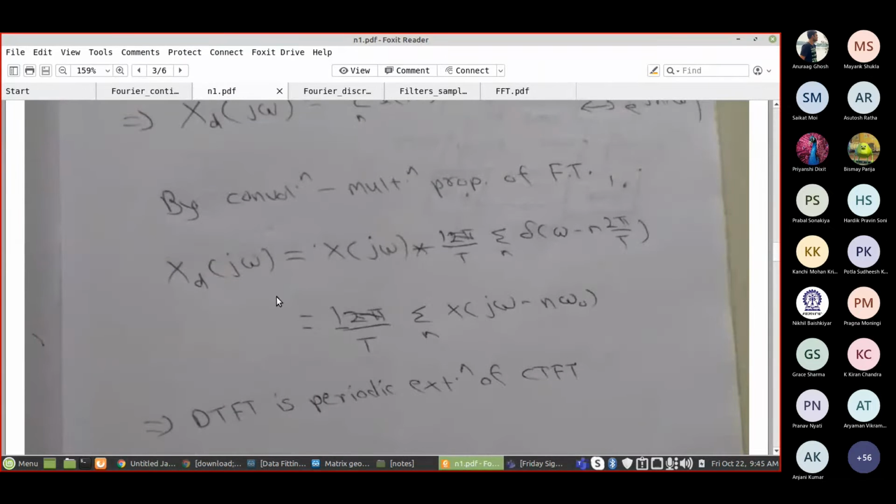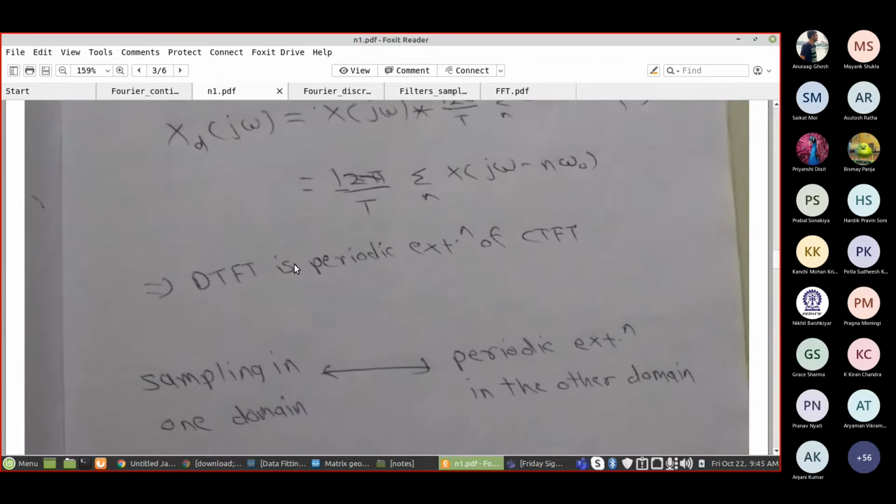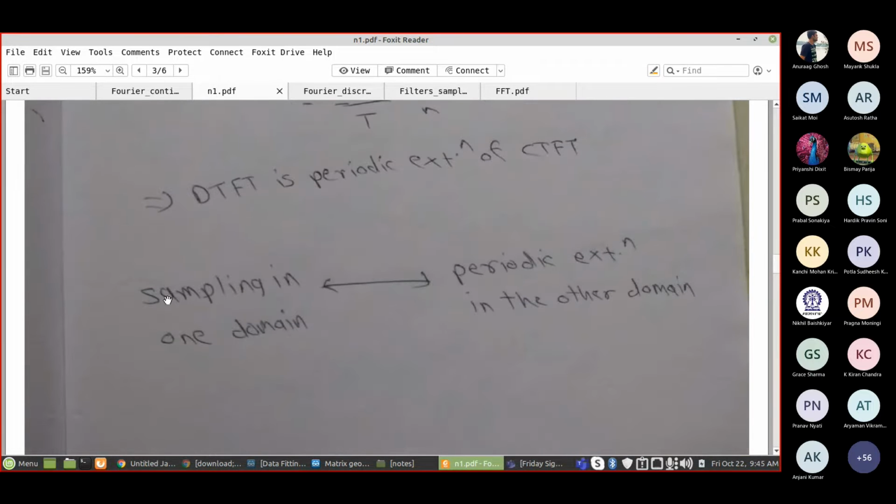So the idea I want to convey is the following. Sampling in one domain leads to periodic extension in the other domain and vice versa. And this property follows from the multiplication convolution property and the Fourier transform of a periodic train of impulses. Any questions regarding that?